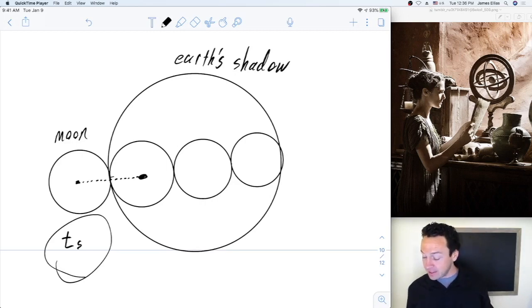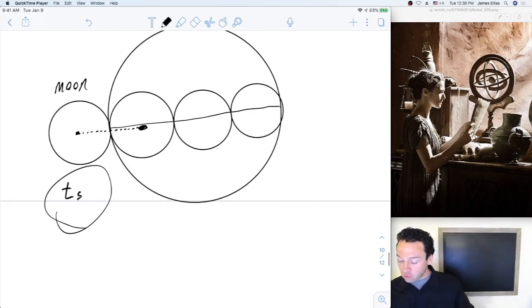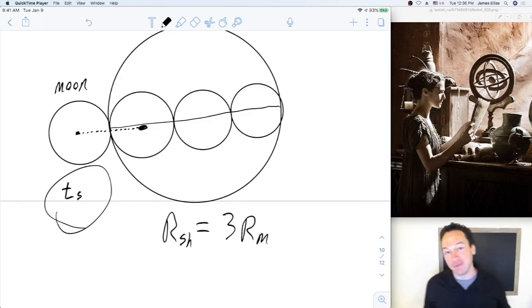What this means is that the radius of the shadow, let's call it SH for shadow, is equal to 3 times the radius of the moon, because you can fit 3 moons in there.